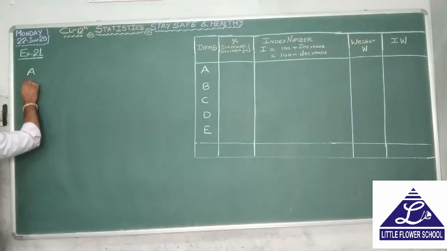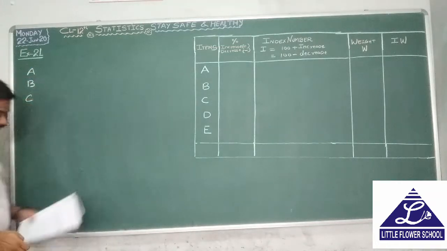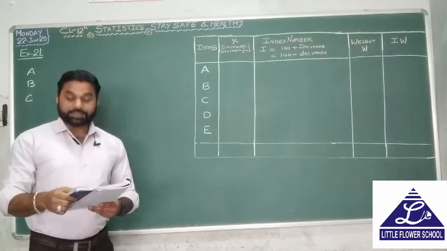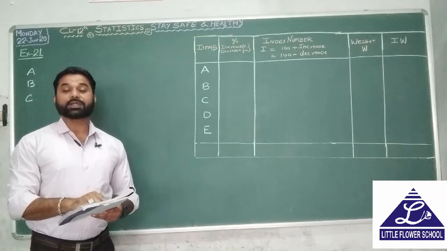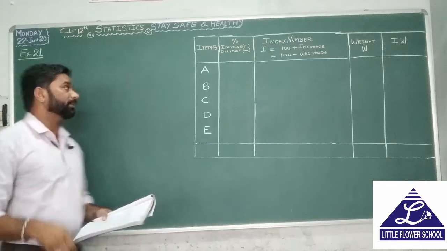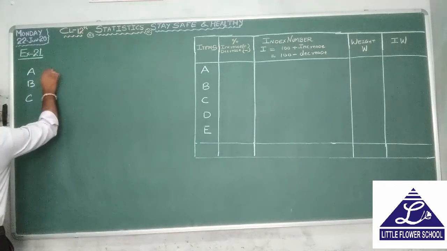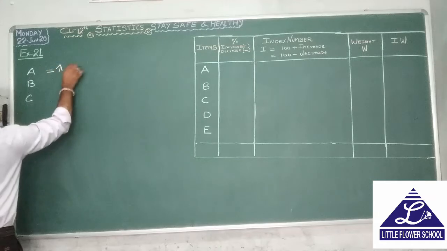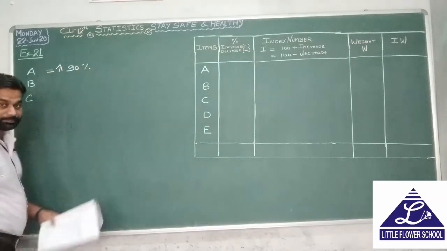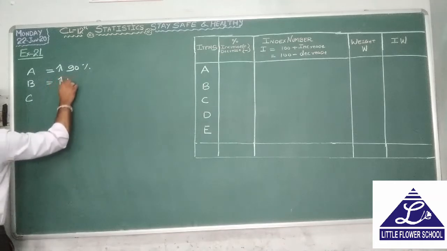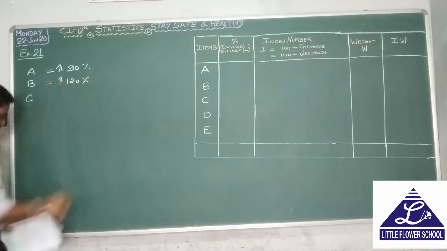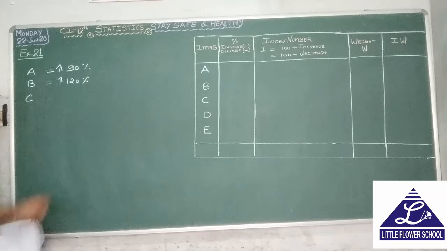The prices of A, B and C increased in the year 2015 by 90%, 120% and 70%. That means the price is increased by 90%, 120% and 70%.